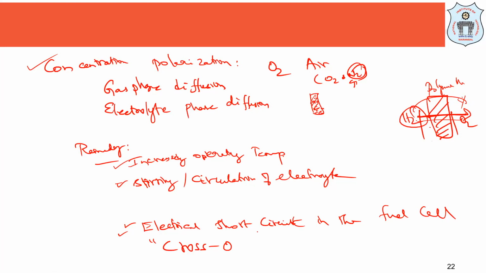So this crossover of reactants or even the products through the electrolyte, and the subsequent mixed potential reaction that may take place at the opposite electrode, also gives us another type of polarization.